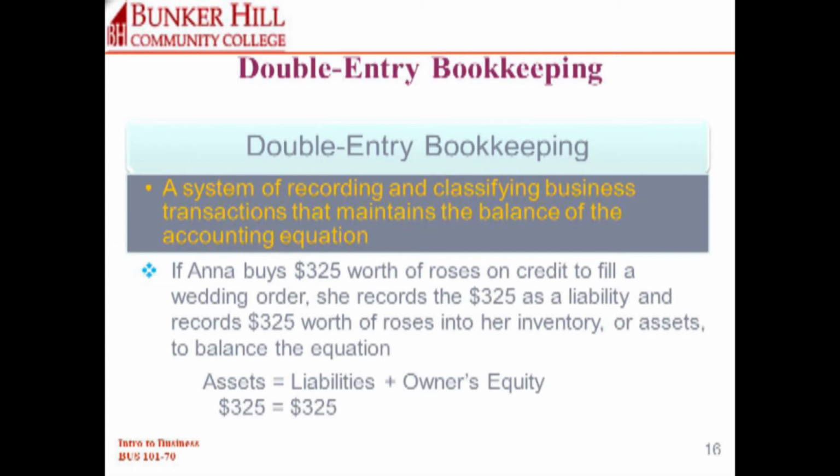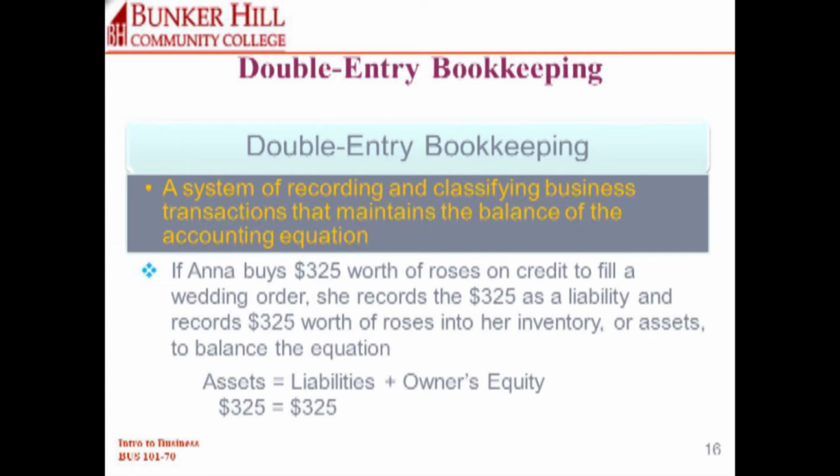So in the example here, Anna buys $325 of roses on credit. She records the $325 as a liability because she has to pay it back. But the assets that she's got, the roses that she actually got in return for that $325, have to be accounted for as well. If she only listed it as a liability, it's going to look like a loss of $325. But in reality, she spent the $325 in order to get the roses.